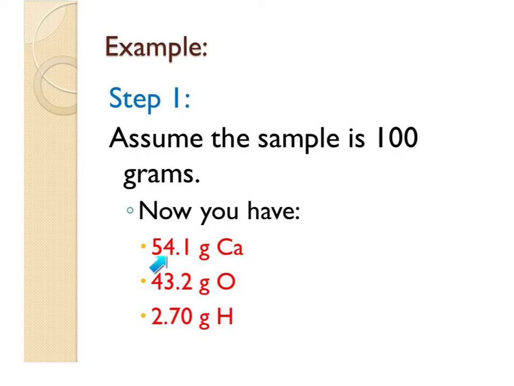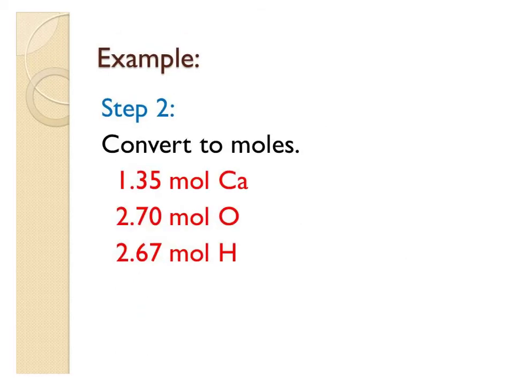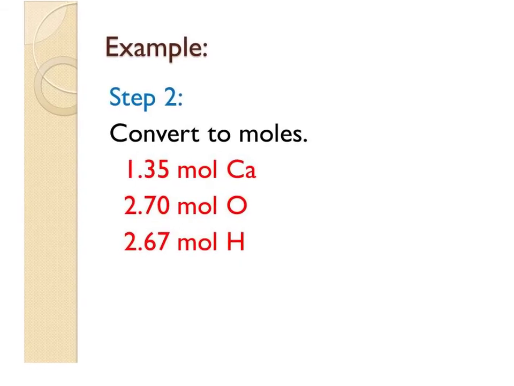So our 54.1% of calcium now becomes grams of calcium, grams of oxygen, and grams of hydrogen. Next step is to convert our grams to moles. Again, if you are still having trouble with that or you need a refresher on how to do that, I posted a video prior to this one about mole conversion, so take a look at it.